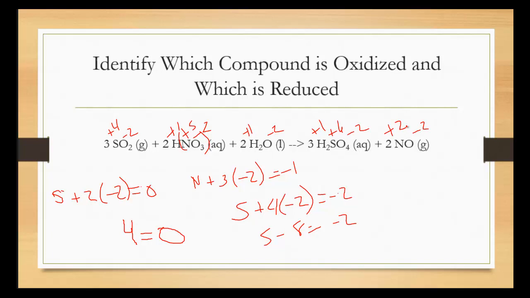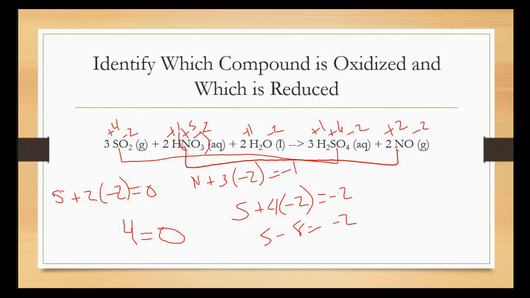So sulfur is going from a +4 to a +6. Oxygens don't change. They're always a -2 unless it's all by itself. Nitrogen is going from a +5 to a +2. So we found the 2 that changed.